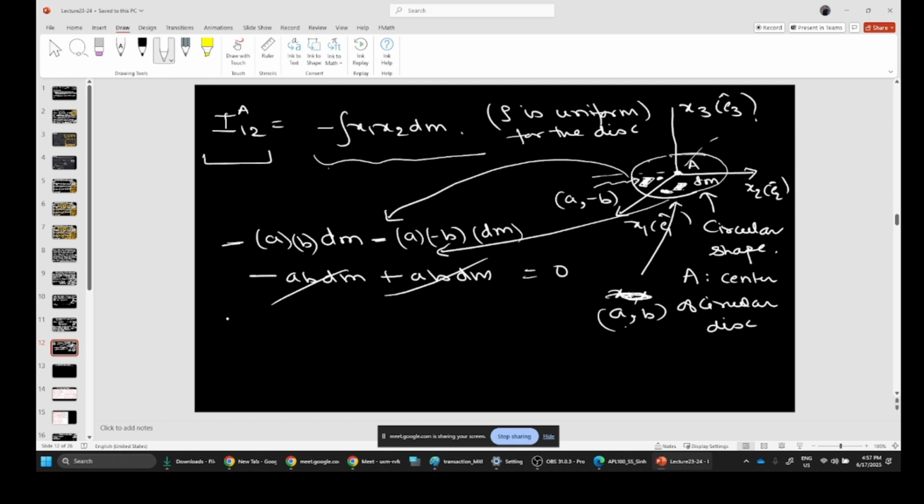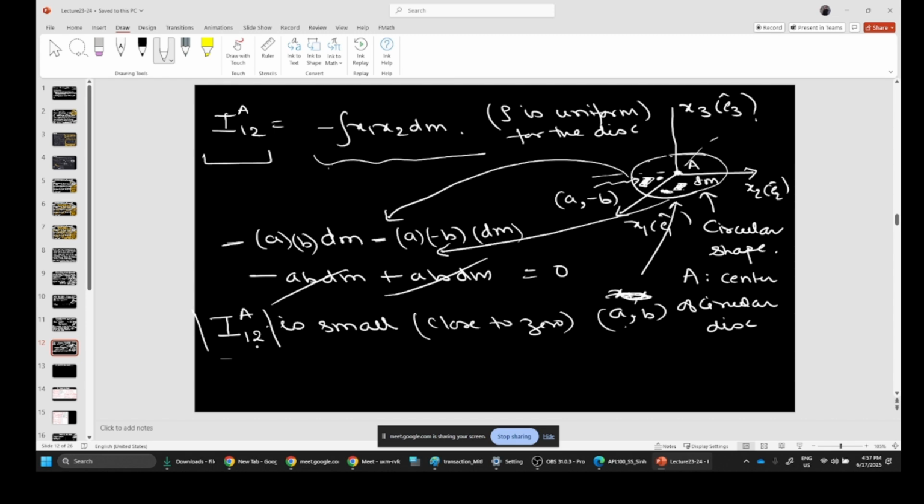Okay, so if your IA12 is small, meaning close to 0, maybe I put the magnitude, it means that there is a sort of symmetry existing in the distribution of mass. How mass is distributed over the 4 quadrants has an implication on IA12.